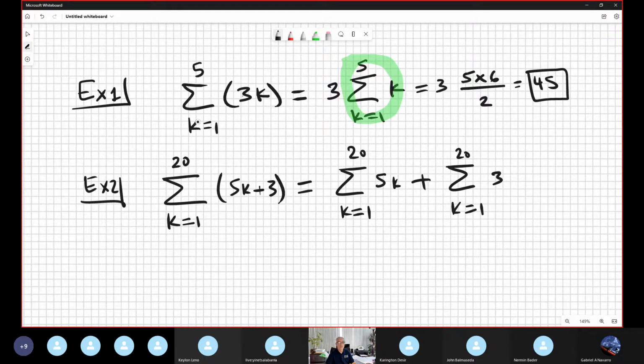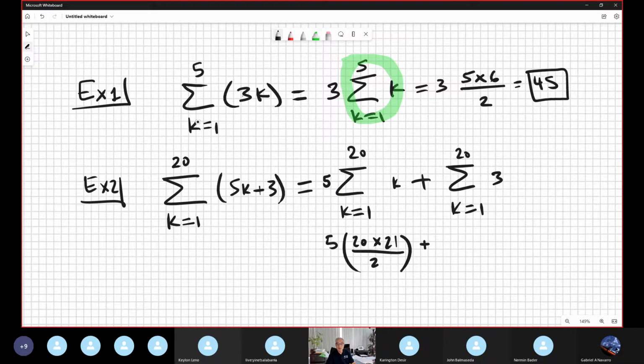Okay? Why not? This constant, I know very well, you can put outside if you want, like a common factor. Super. Now I apply the formula, and the formula says 5 times 20 times 21 divided by 2, multiplied by 5.